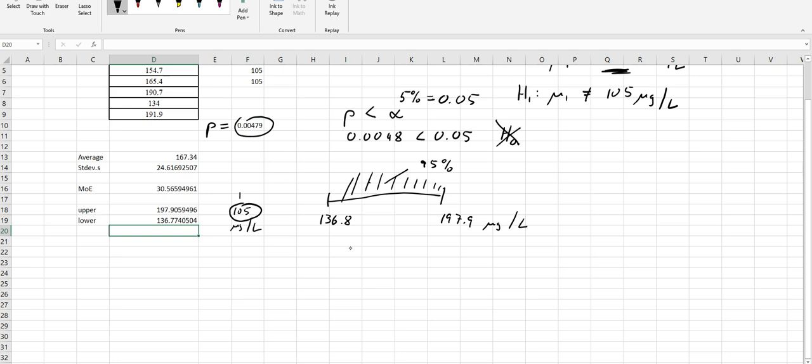So this means that the reference and the confidence interval do not really match with each other, and therefore there is a statistically significant difference between the reference and the sample mean.